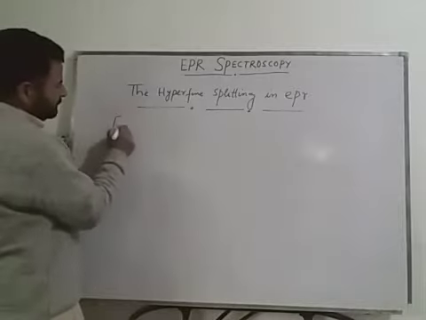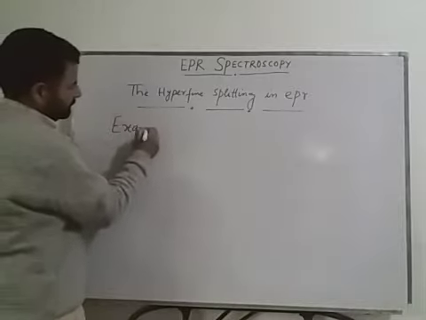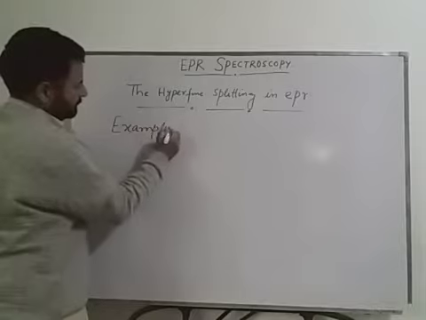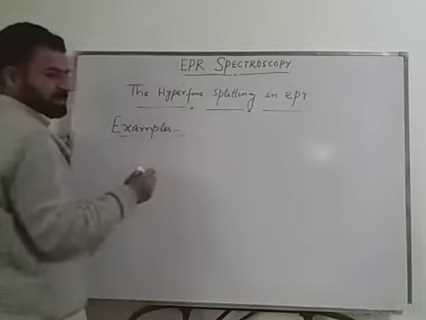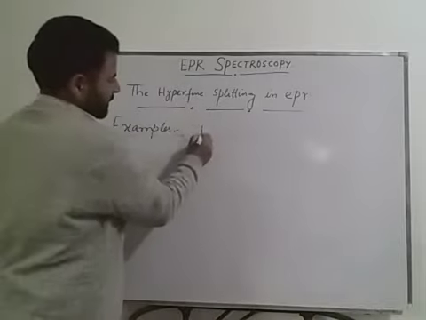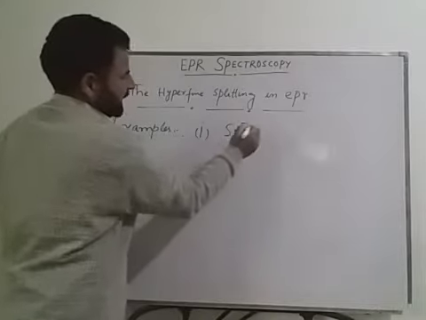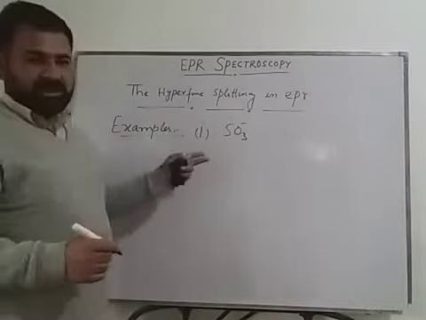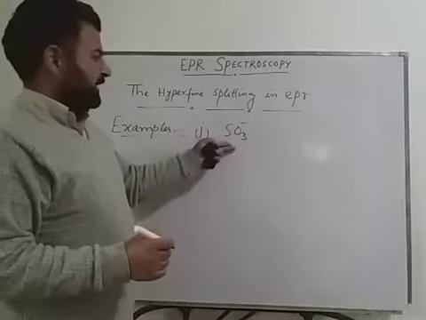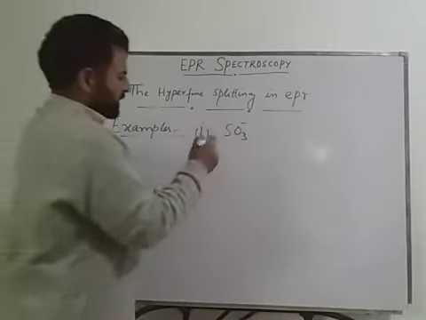Example: for the first example we will take SO3 negative. In this anion, you will see there is one unpaired electron.